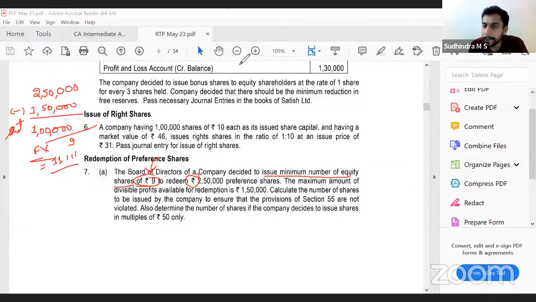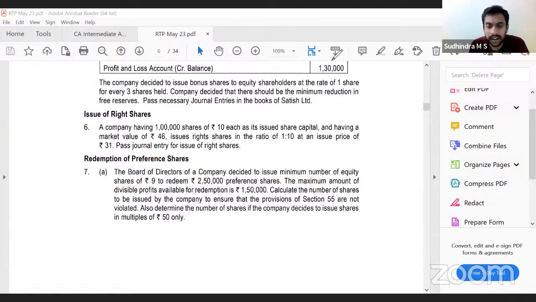Shouldn't it be 112? 11,111 or 11,112, that depends on the rounding off.